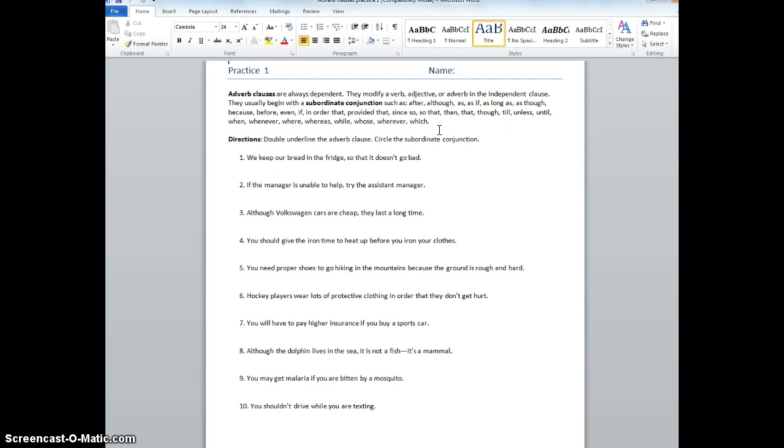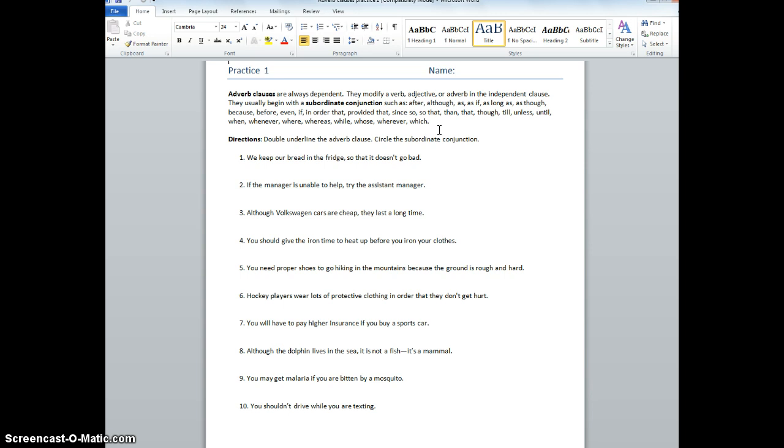So what this practice asks you to do is to underline the adverb clause. What I'd like you to do in your notes is just to write down the adverb clause and then to circle in your adverb clause what the subordinate conjunction is. So if you look at number 1, it says, we keep our bread in the fridge so that it doesn't go bad.